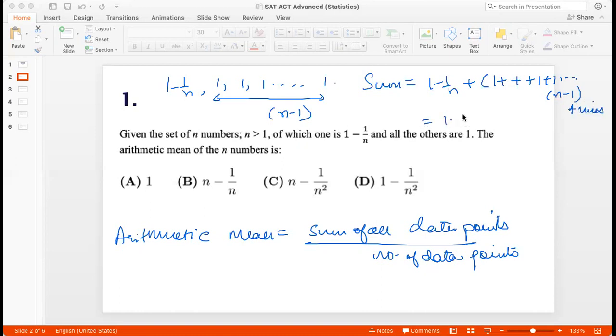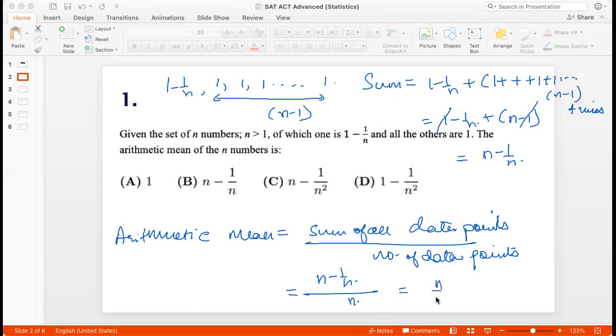So that would be 1 minus 1 by n plus, if you keep adding 1 n minus 1 times, then that total will simply be n minus 1. Plus 1 and negative 1 cancel, so we get n minus 1 by n. So the sum of all data points is n minus 1 by n, and the number of data points is n.